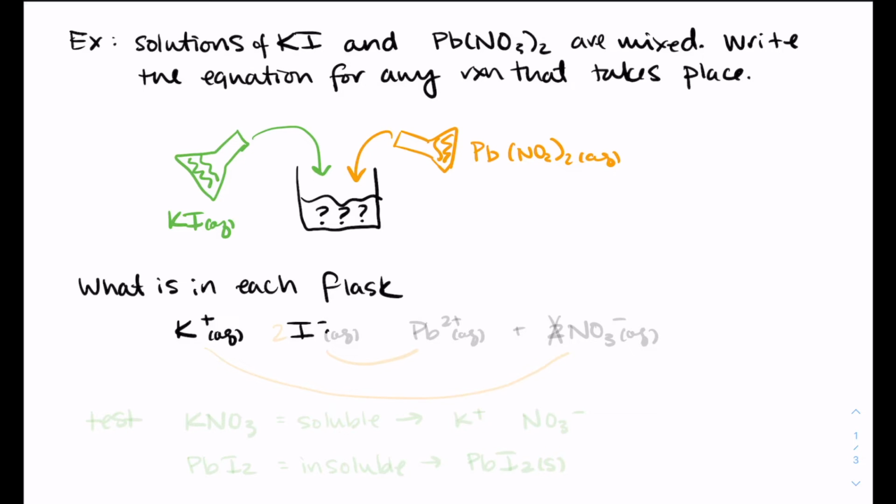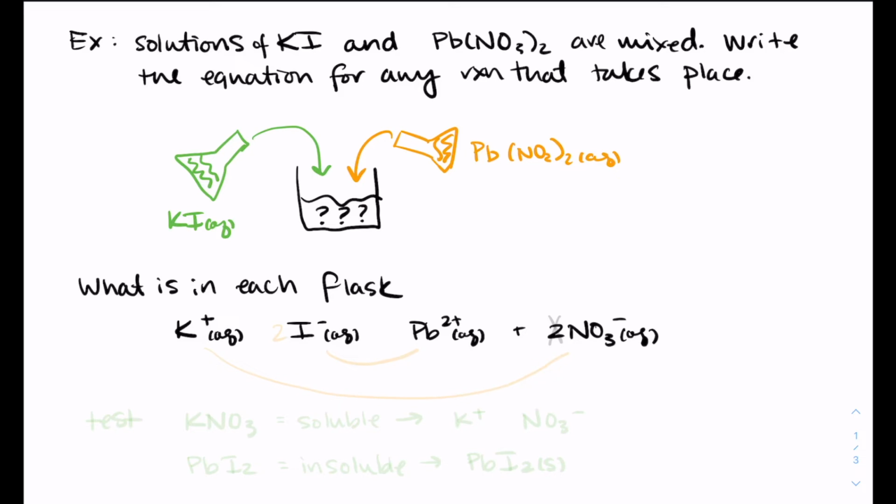In the lead nitrate flask, we have Pb2+ and nitrate with a 1-. We could put the 2 here for the nitrate if we needed it, because each lead is going to have 2 nitrates associated with it. But for what we're going to do, we can deal with those coefficients a little bit later.